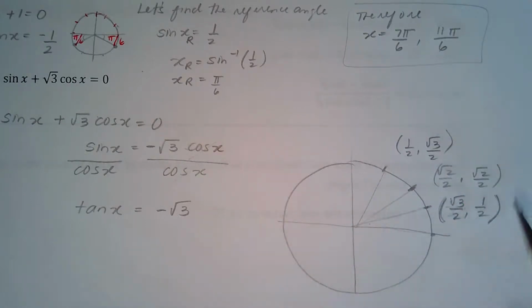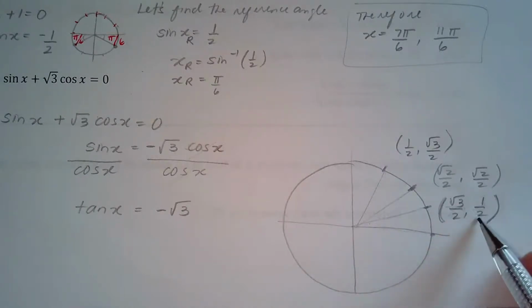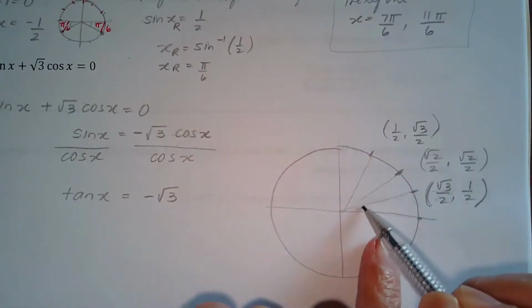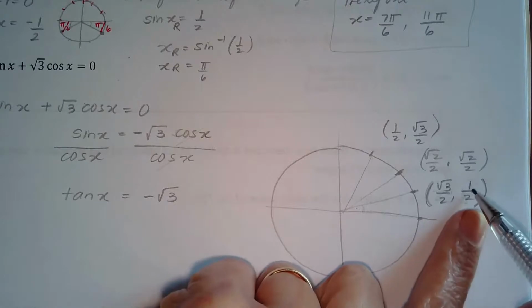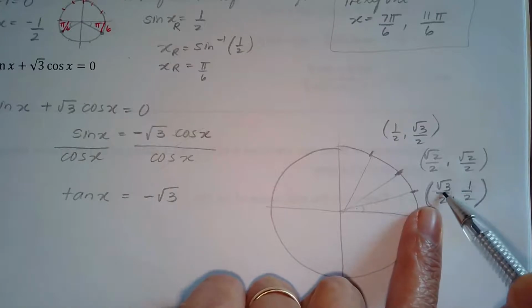Now, remember that the x coordinate is the cos of the angle, and then the y is the sine of the angle. So what is the tan of the angle? Tan is sine divided by cos. So for this angle, sine is 1/2 divided by root 3 over 2.